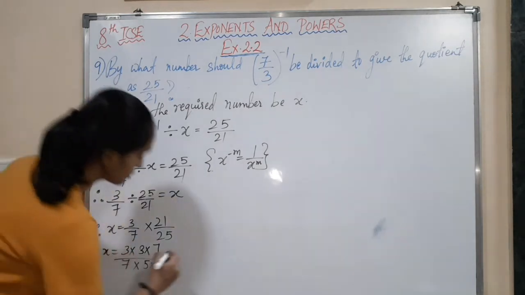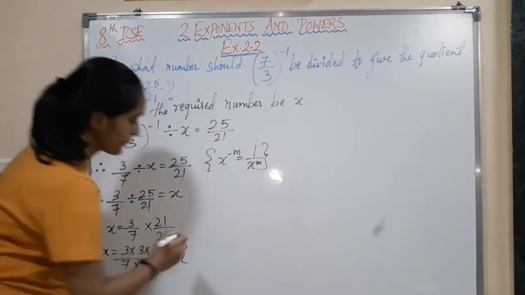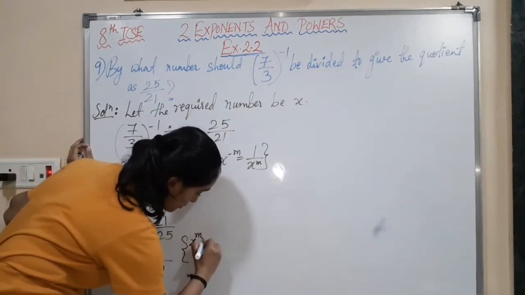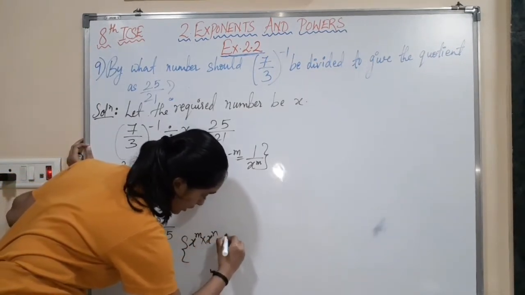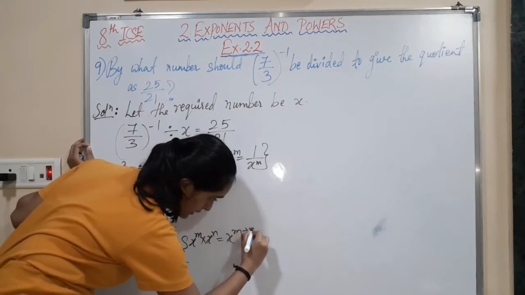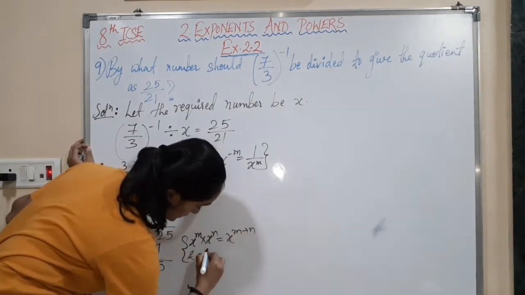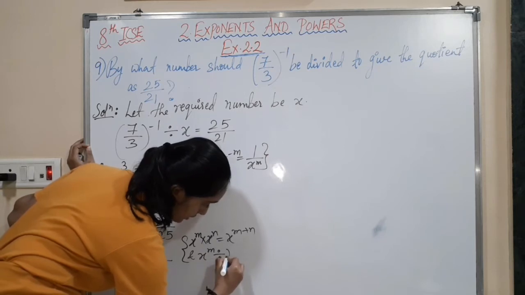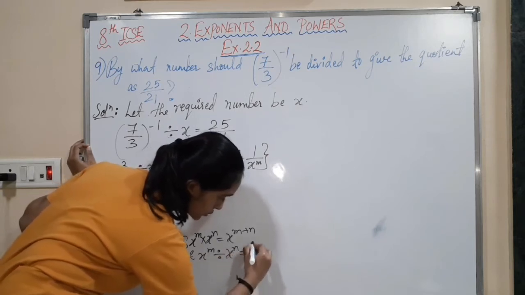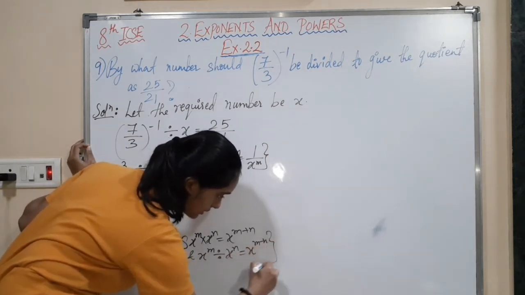So we will use the laws x raised to m multiplied by x raised to n equals x raised to m plus n, and x raised to m divided by x raised to n equals x raised to m minus n.